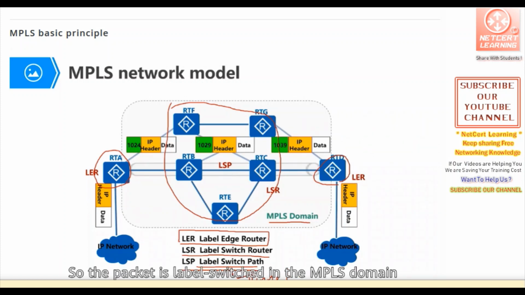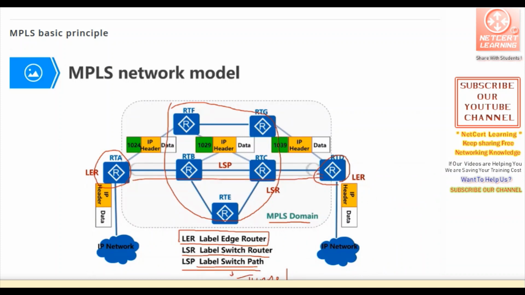So the packet is label switched in the MPLS domain. And this path from the source to the destination, from router A to router D, we call it LSP. From the source to the destination, we call it LSP, and we can also call it a tunnel.